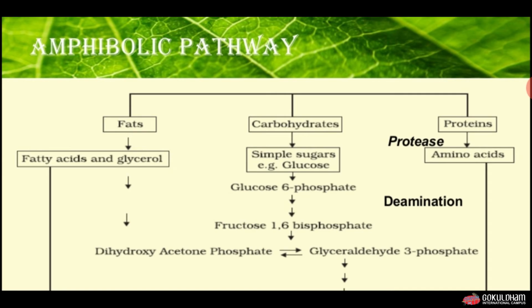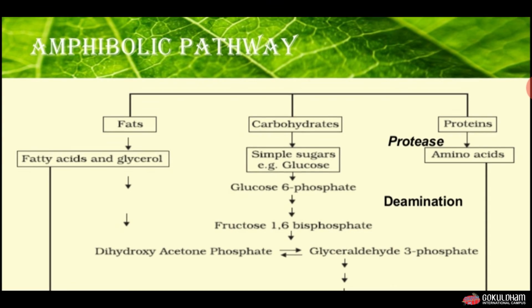Catabolic reaction means the breakdown of complex molecules to simple molecules, and it produces ATP or energy, whereas anabolic reaction is the formation of complex molecules from simple molecules. So it is known as an amphibolic pathway.